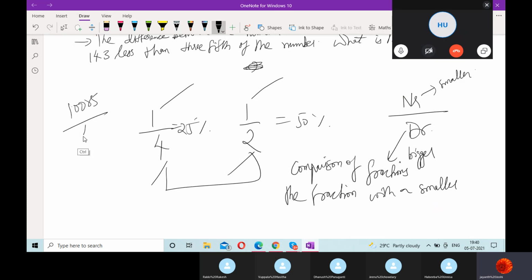If I divide amongst 2 people, each one will get 50. So the fewer the parts you divide into, the bigger the fraction.